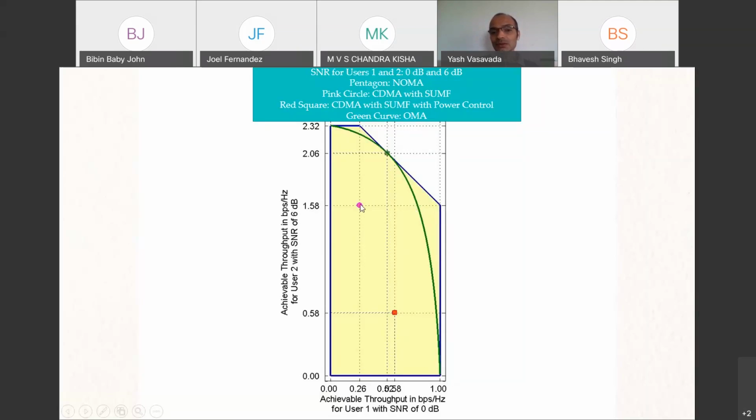And furthermore, user 2 is also not that unhappy because it is operating pretty close to the maximum value of 2.32 it can get. So this coordinate point 1 and 1.58 is a pretty good compromise. It satisfies user 1 and it doesn't penalize user 2 that significantly.